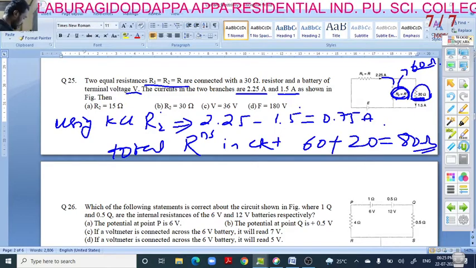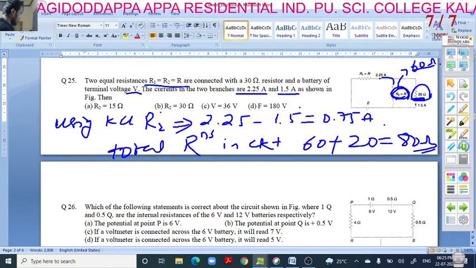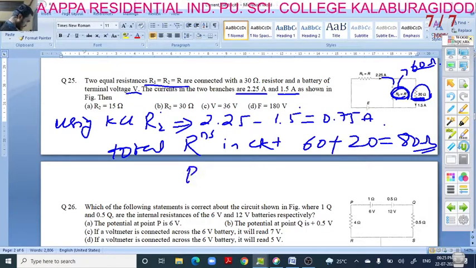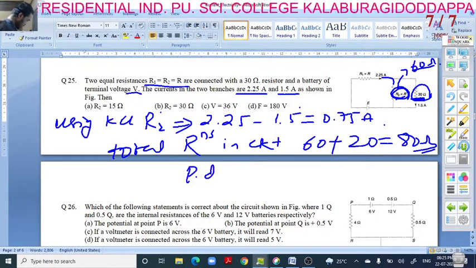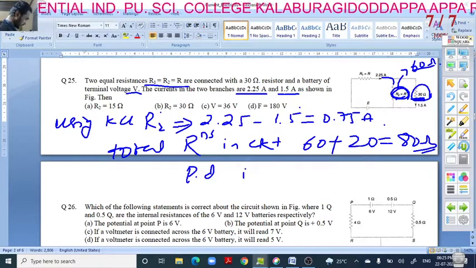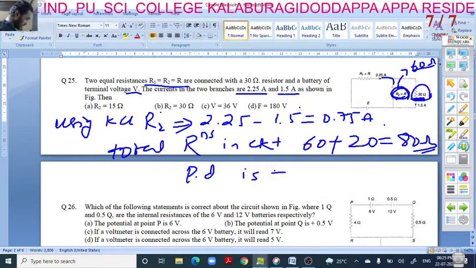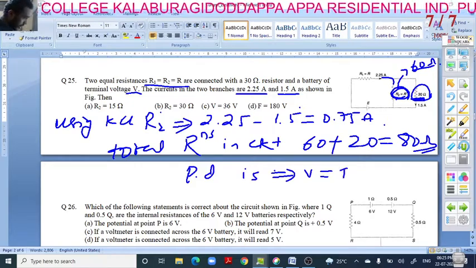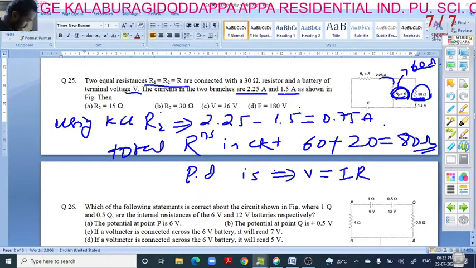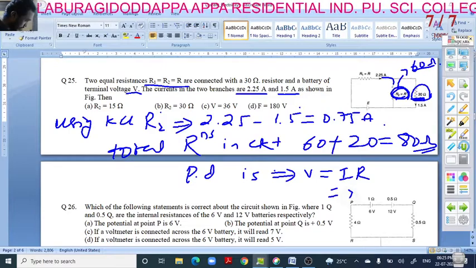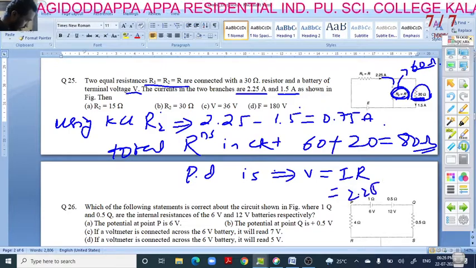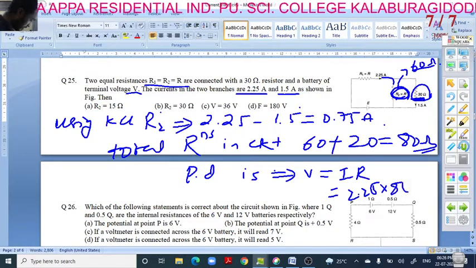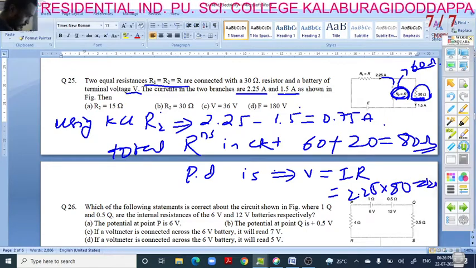And what is the potential drop across the battery? V is equal to IR. That is equal to 2.25 into 80, so that is equal to 180.